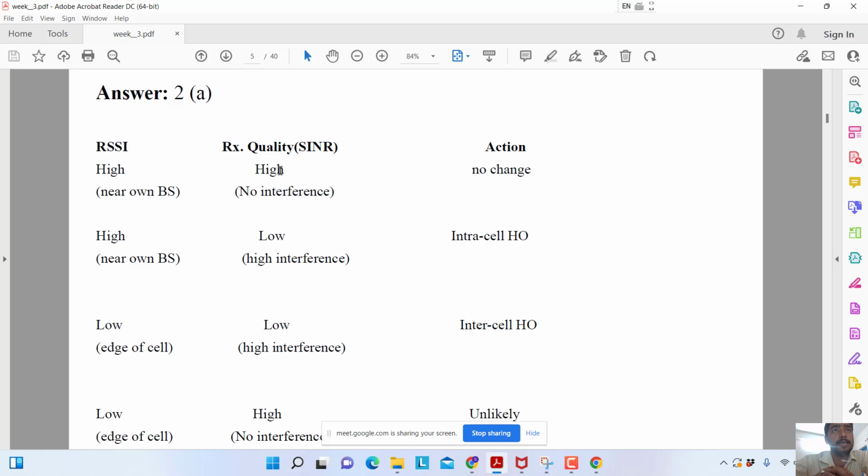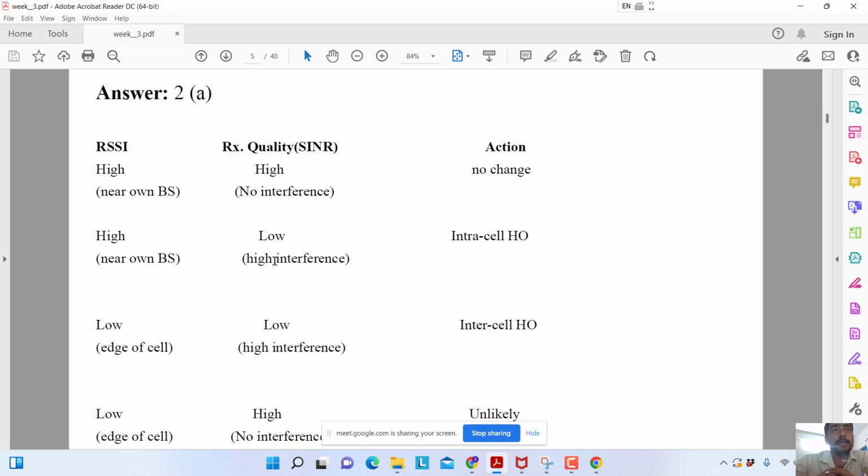Next, the receive quality is high, so it means we have no interference. Other nearest base stations are not interfering with us. So no change is required. Second case, we have high RSSI. It means we are near our own base station, and the receive quality is low.